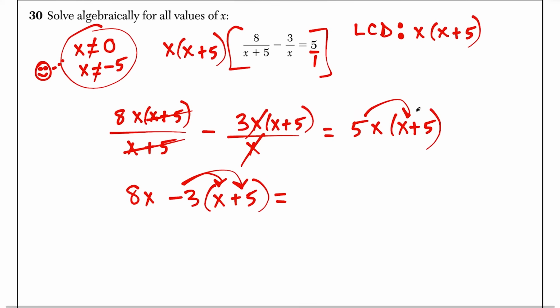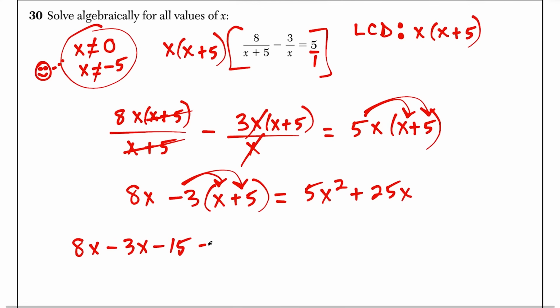And now this over here, we can just distribute. We have 5x times x is 5x squared, and then 5x times 5 is positive 25x. And now from here, I'll go ahead and expand this. We have 8x, and then minus 3x minus 15 equals 5x squared plus 25x.